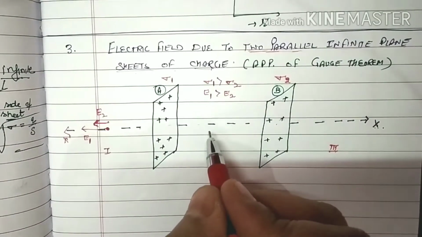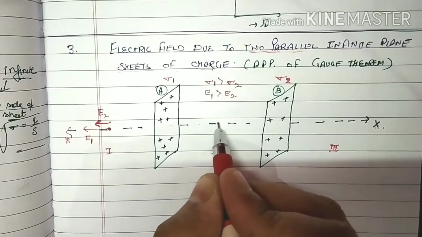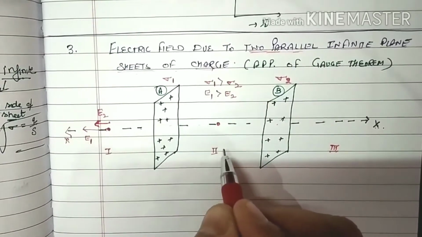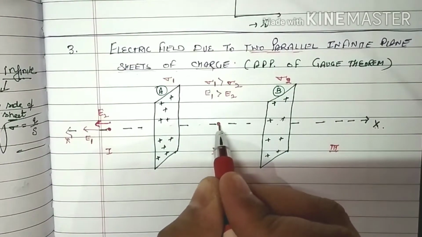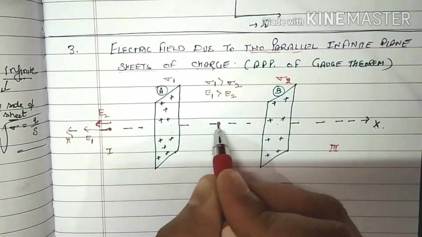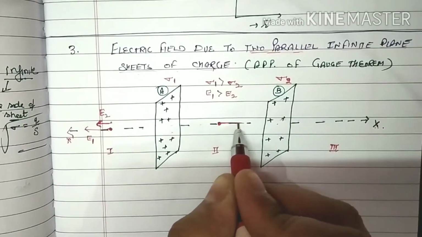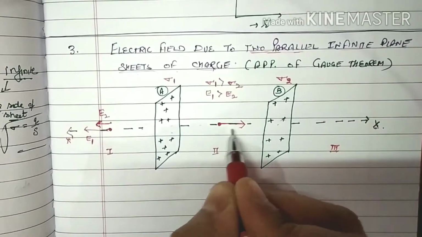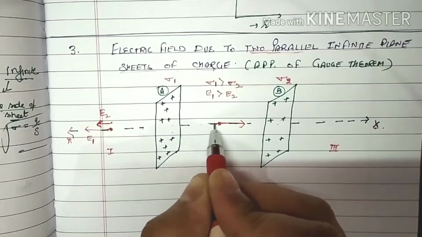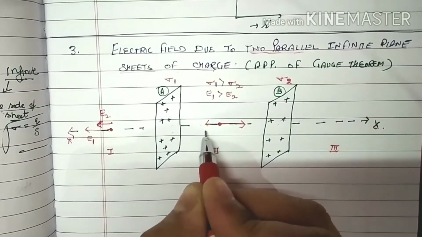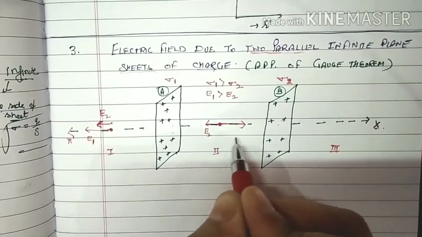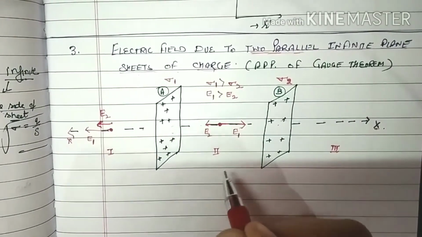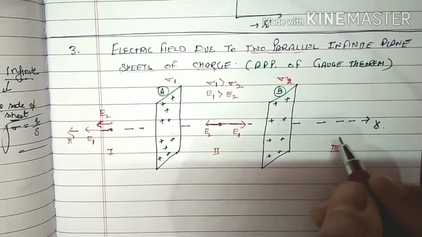Now come to the second region. Suppose we want to find the electric field at this point. In this region, the electric field due to plate A, that is E1, is away from this plate, toward the positive x-axis, and due to the second plate it is also away, but toward the negative x-axis, with a small arrow. Now come to the third region.